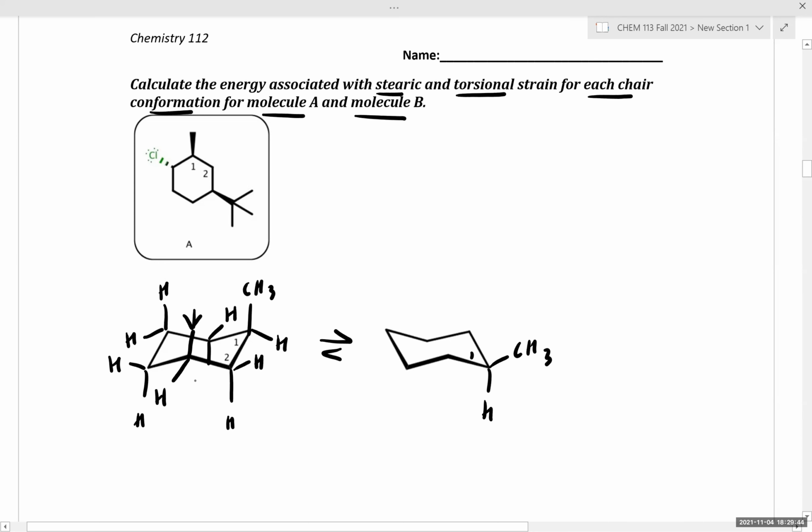Oops, that should be a chlorine. So again, this is just a repetition of what we looked at earlier. We're just redrawing our 2 chair conformations.